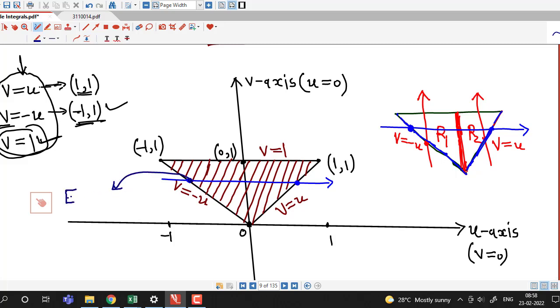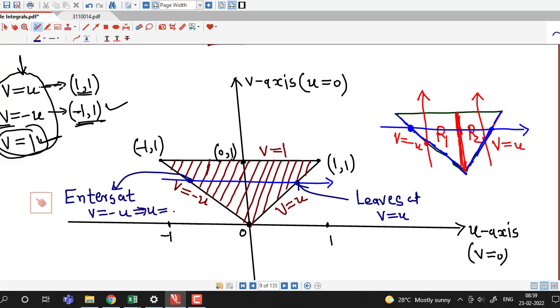So here we mention that it enters at v equal to minus u, and it leaves on the line v equal to u. So we write that the line leaves at v equal to u. That means on the horizontal line v becomes constant. So this will be the limits of u.